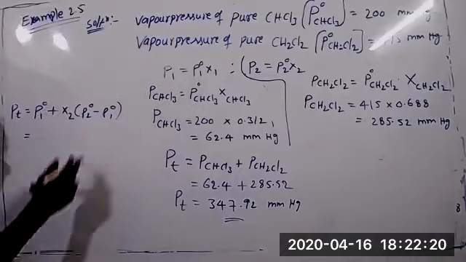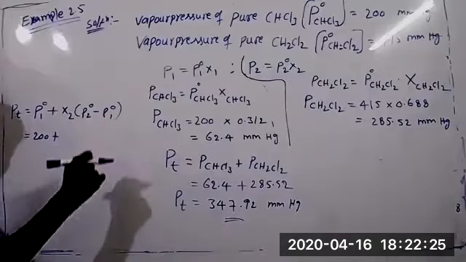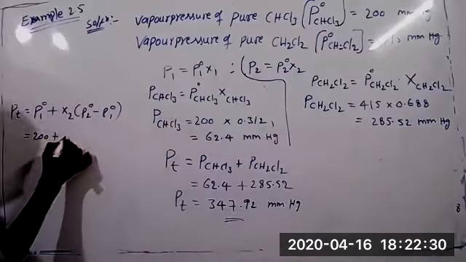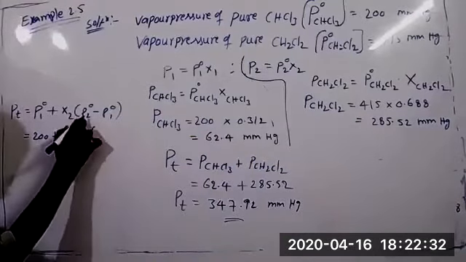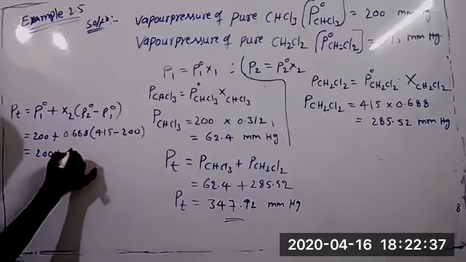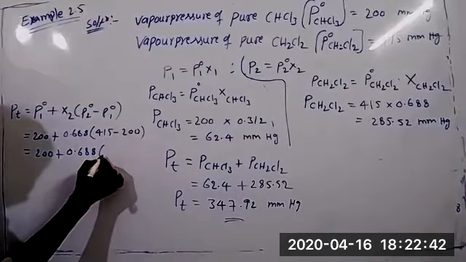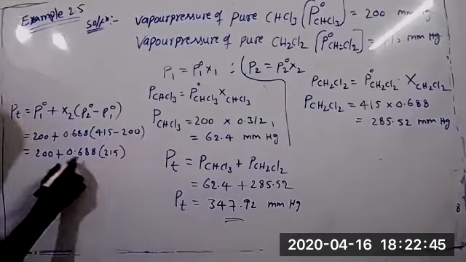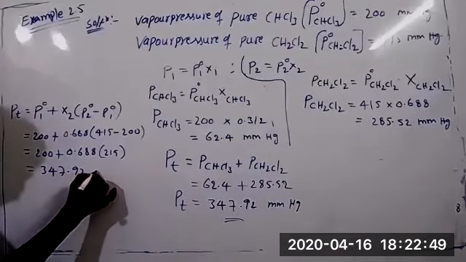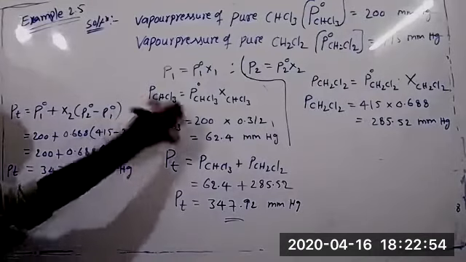P1 we consider chloroform, 200, plus X2, the mole fraction of component 2, which is 0.688, into P2 minus P1, 415 minus 200, that is 215. Multiply this with this. You will get the same answer, 347.92. Anyway, you proceed by this way or this way.